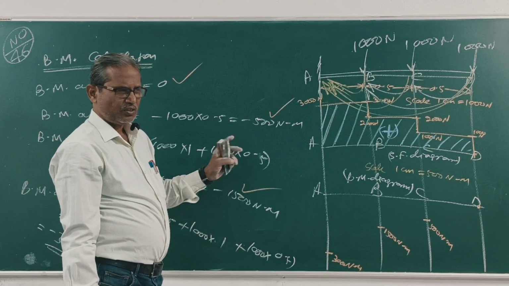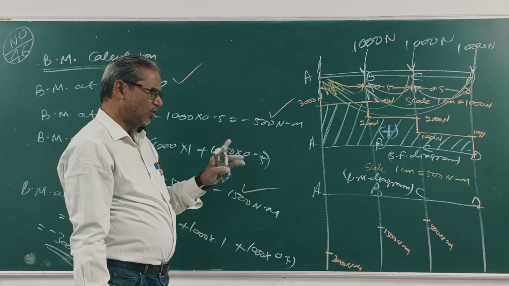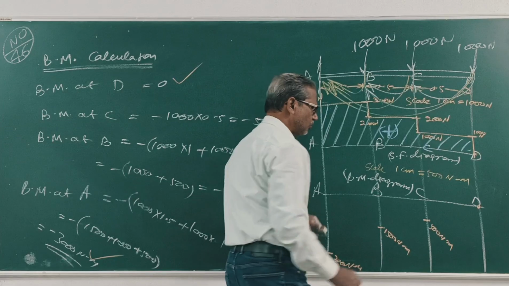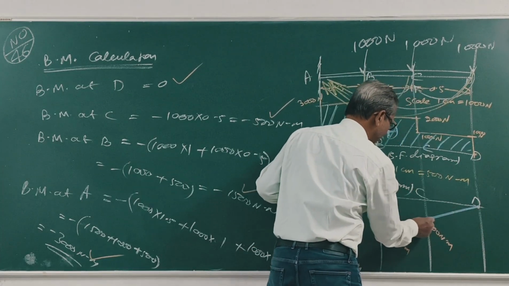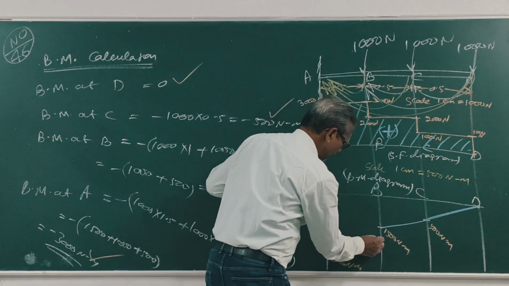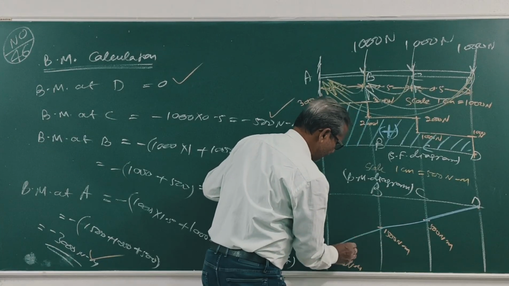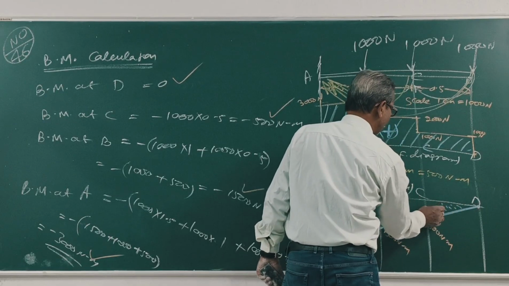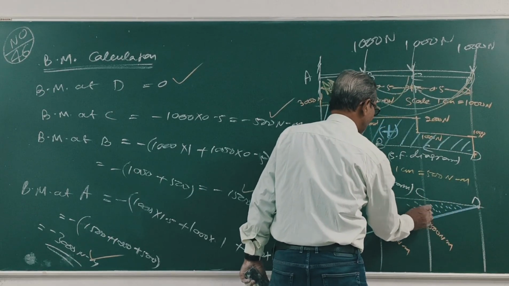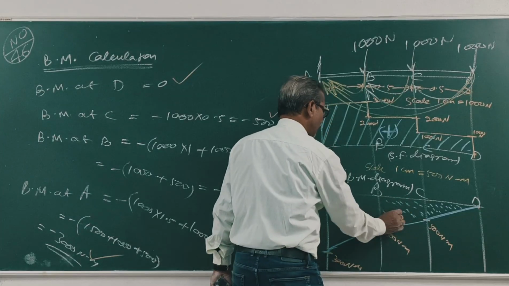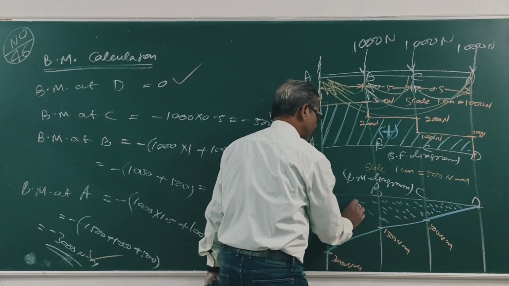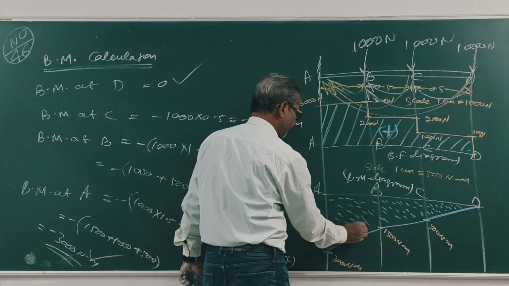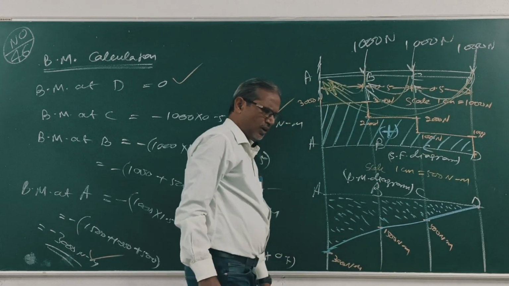These are first degree of x, so all are inclined straight lines. Starts from 0, minus 500, then 1500, then 3000. Clear? These are all negative.